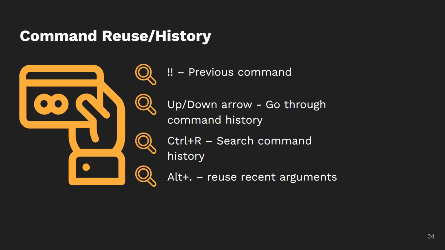The last thing that we have here is alt period or alt dot, whatever you want to call it. What that does is reuse a recent argument. So say you were using some file and interacting with it with one command and you want to interact with it with another command.